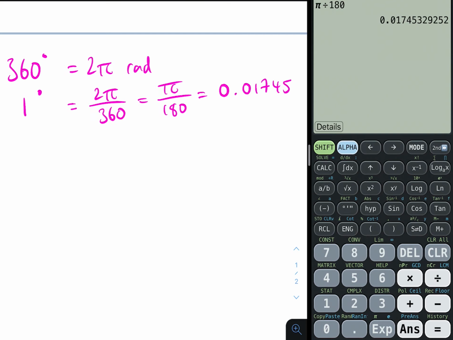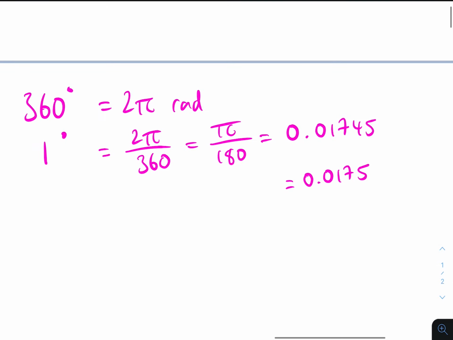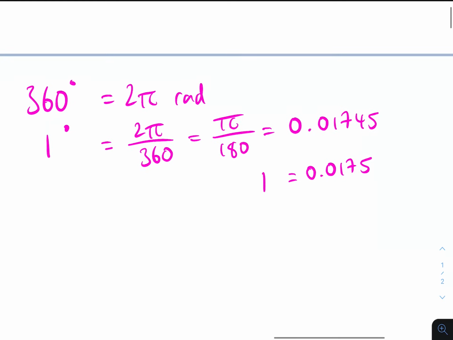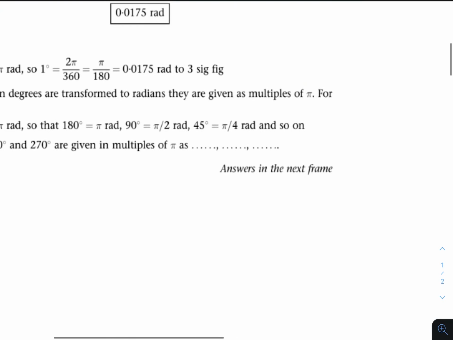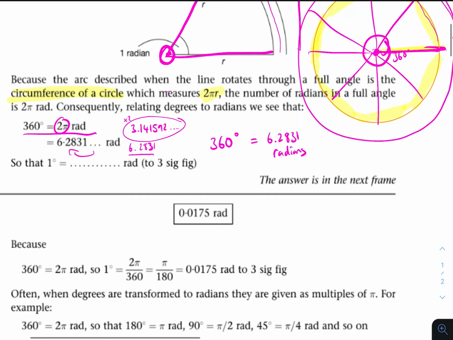If we make that 3 significant digits, 0.0175, obviously round that one up. Cool. So let's check our answer. 1 degree is equal to 0.0175. There we go.